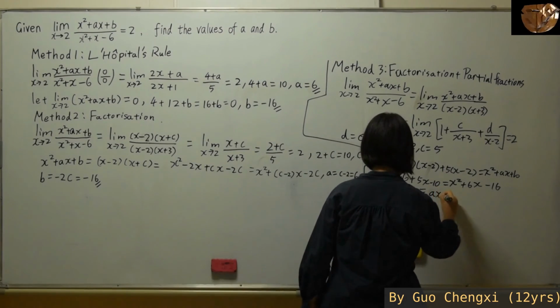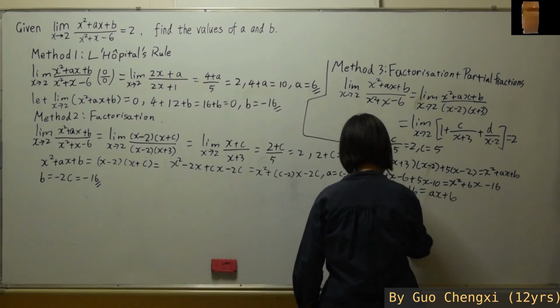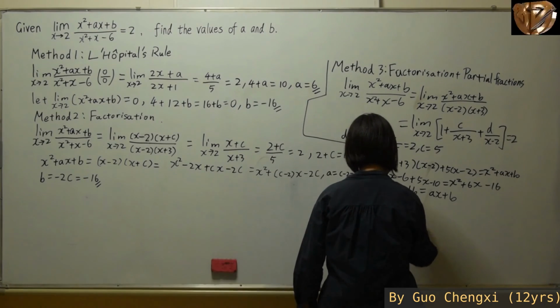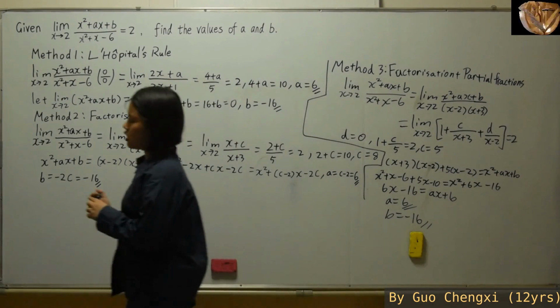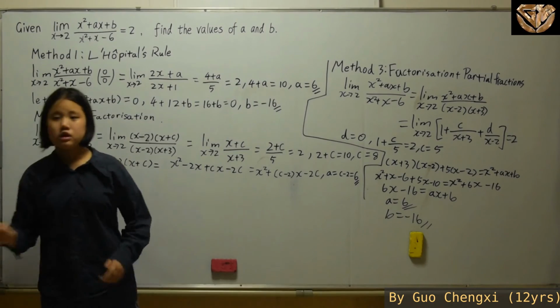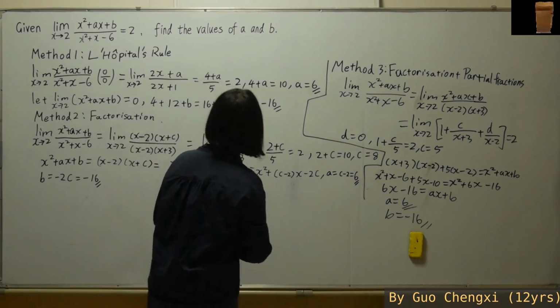So you can tell from this part, ax plus b, a will be equal to 6 and b will be equal to negative 16. And here if you compare the three results that we have gotten, they're the same. So you can tell that over here it is correct.